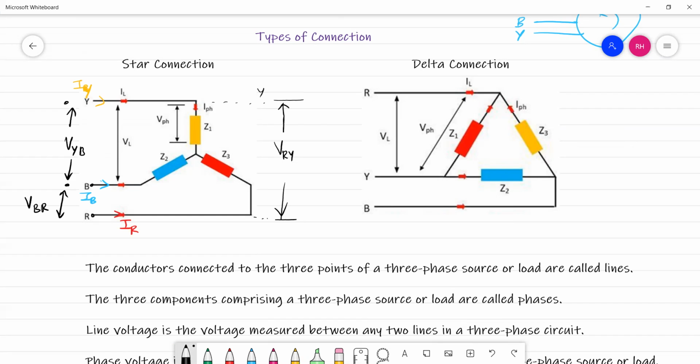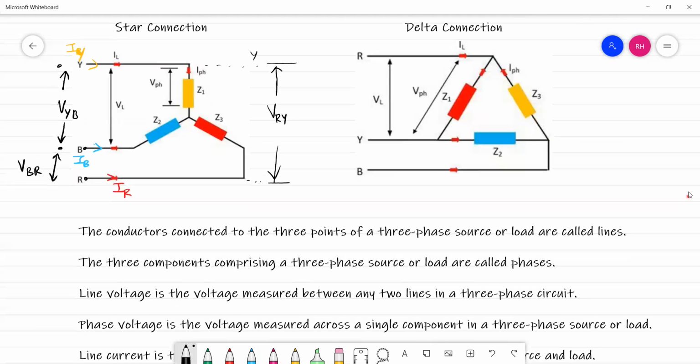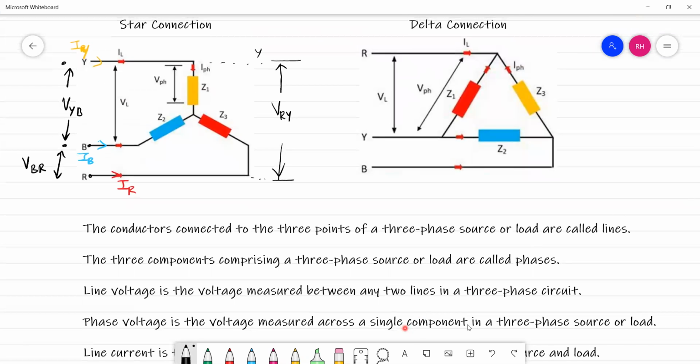Phase voltage is defined as the voltage that is measured across each component. So this is the component, and across every component, whatever voltage we measure is known as the phase voltage.